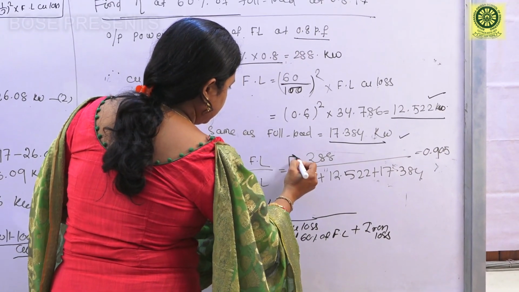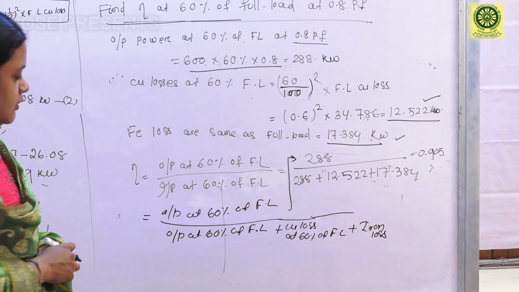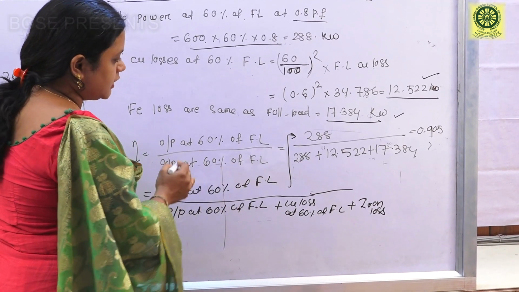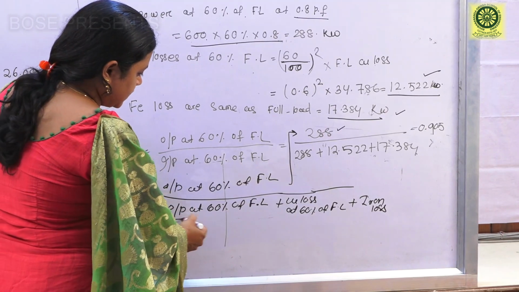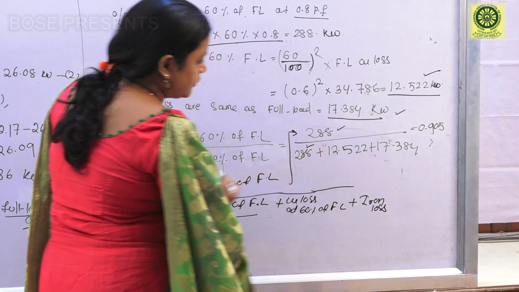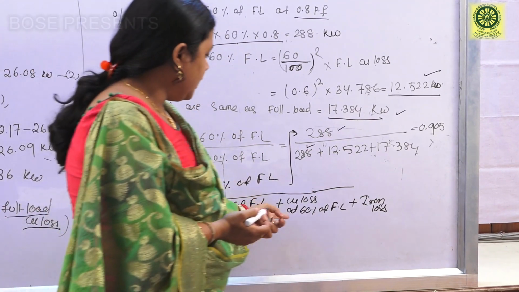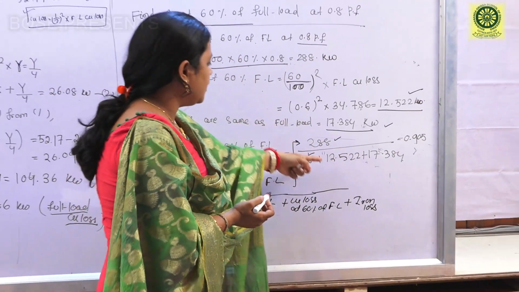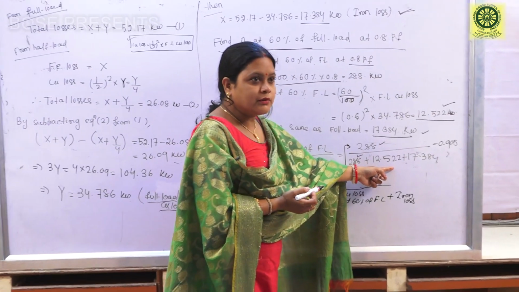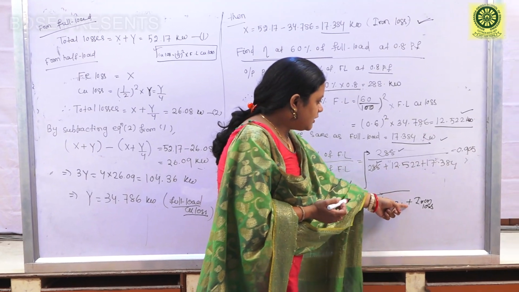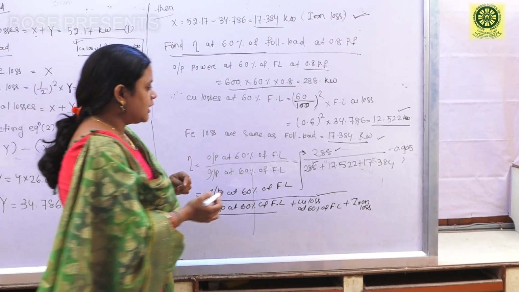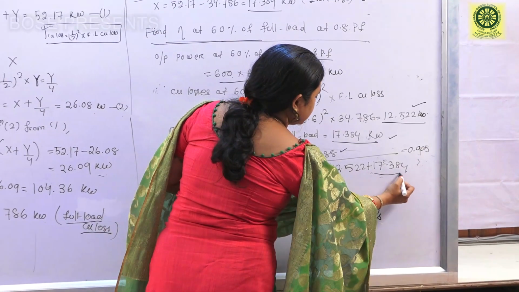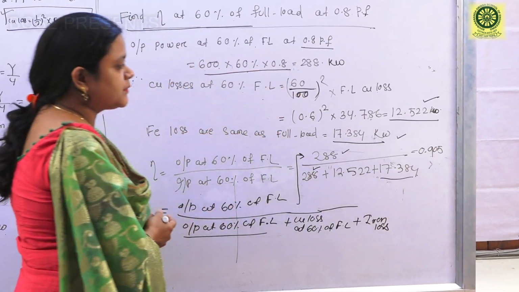See here the values. Output at 60% of full load is 288, and output at 60% of full load is also 288, and the copper loss at 60% of full load is 12.522 kilowatt, and the iron loss is the same as full load, 17.384.